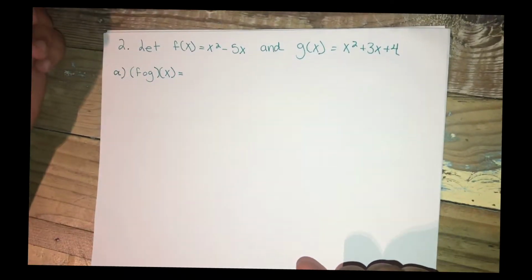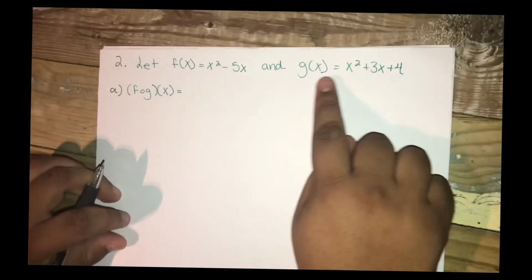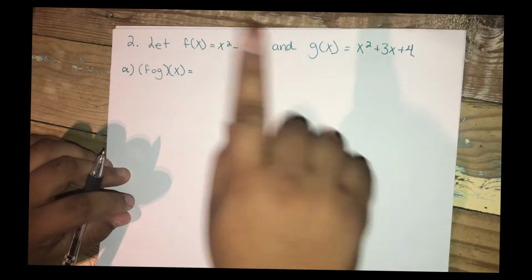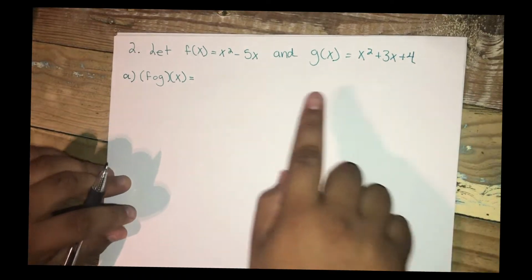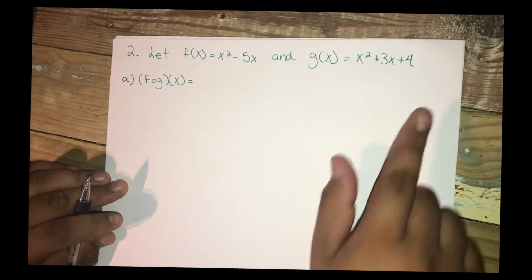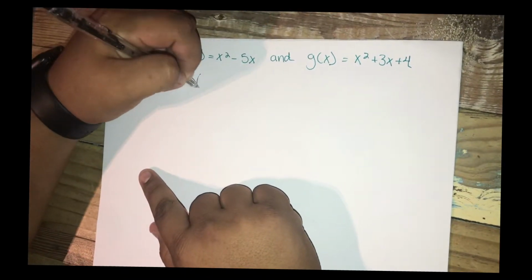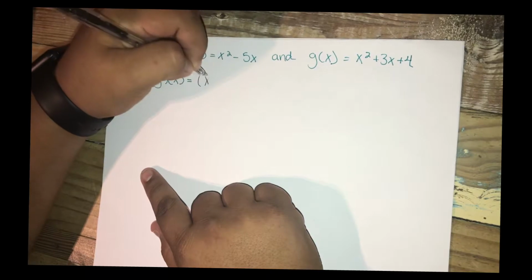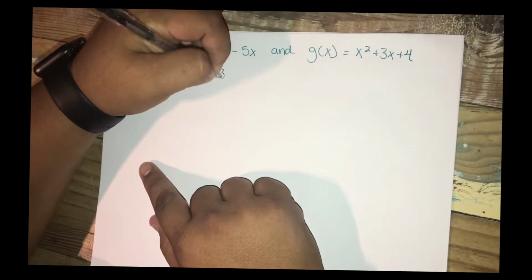And in problem number 2, we're going to use the functions f of x equals x squared minus 5x and g of x equals x squared plus 3x plus 4 to find the first one, f of g of x. So of course we're going to have to write down the first one using the g in every x that the f of x has.